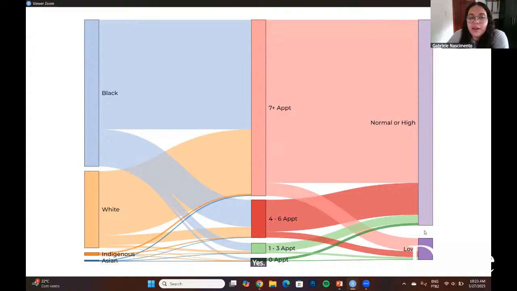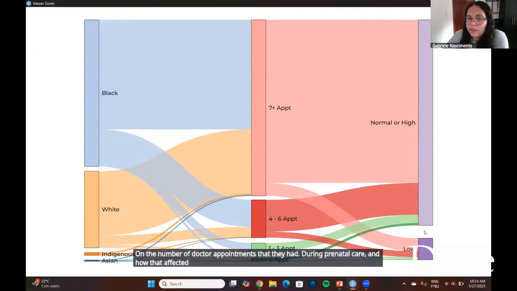Yeah. So I used three different variables that I wanted to relate, which were the race of the mother, the number of doctor appointments that they had during prenatal care, and how that affected the weight of the baby.